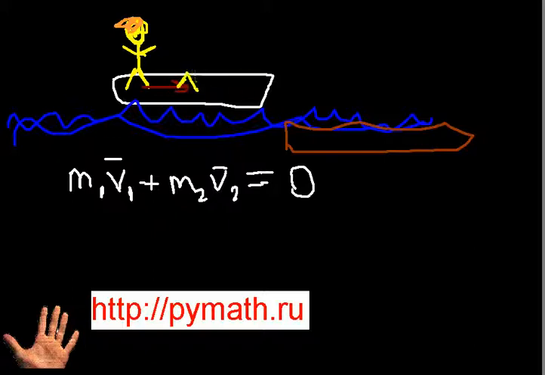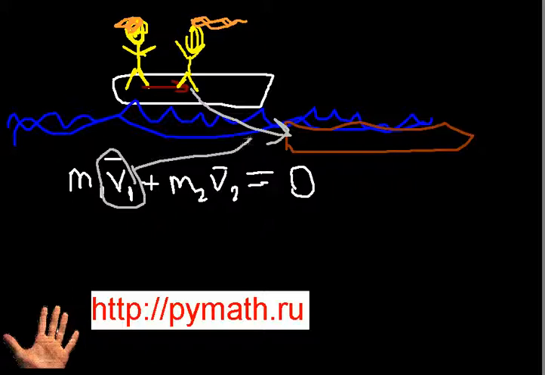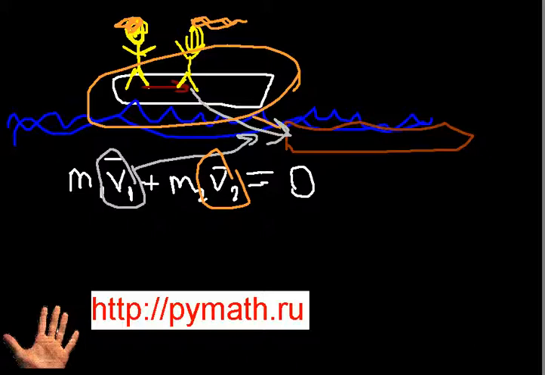For example, he comes here, and he moves with some velocity v1 regarding the bank of the river. And this board, of course, gains some velocity v2 regarding the bank of the river too.